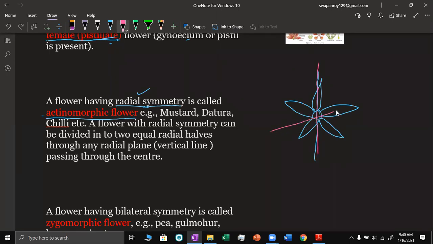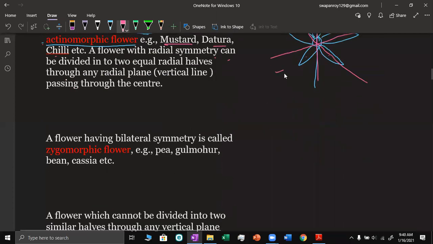If divided from this line, then also it can be divided into two equal halves. So they have radial symmetry and are called actinomorphic flowers. Mustard, datura, chili have radial symmetry and actinomorphic flowers.